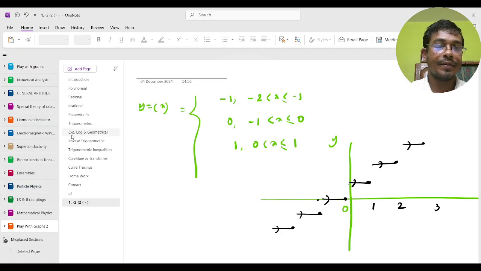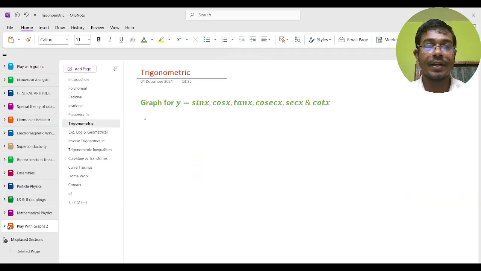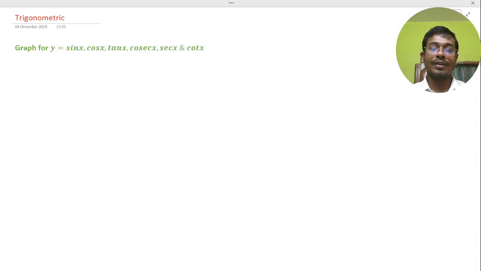Go ahead, our next part, basically the transcendental functions. The first ones we discuss here are the graphs for sin x, cos x, tan x, cosec x and sec x. You just need to know the range and the domain of the graph.